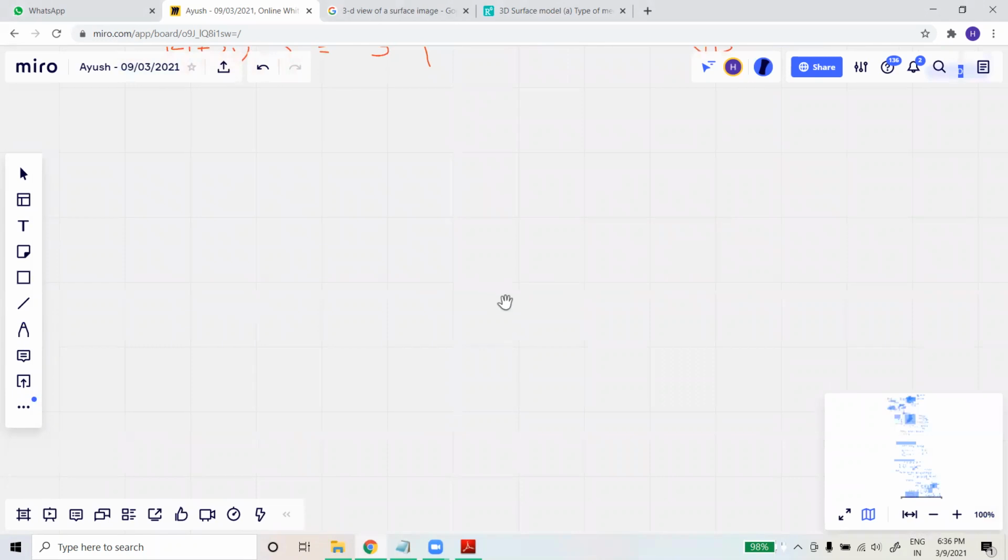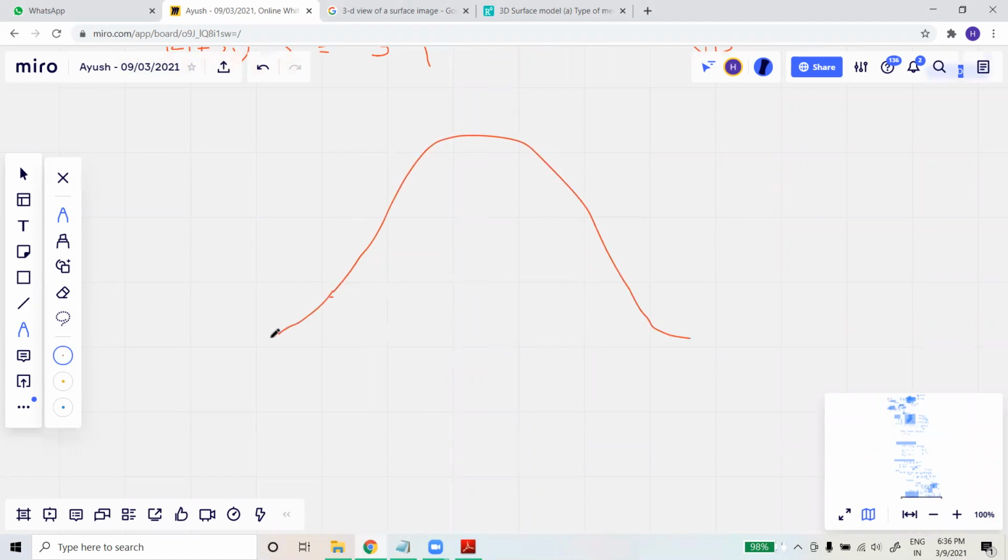The level curve is something like, see, this is an actual mountain. I'm drawing a mountain. And the height of this mountain is z, and it depends on the x and y coordinates.